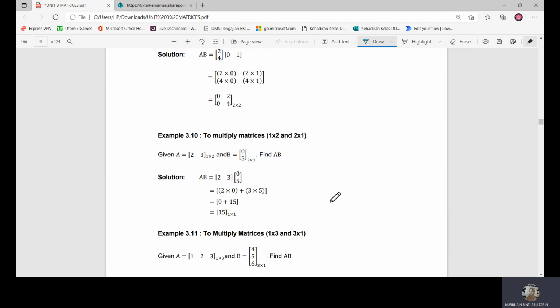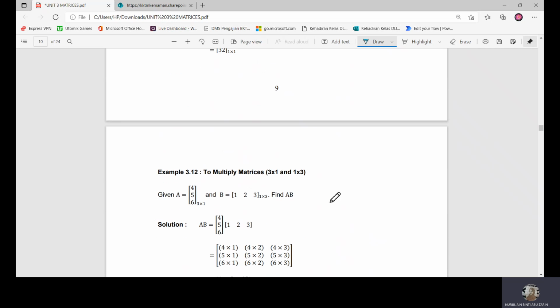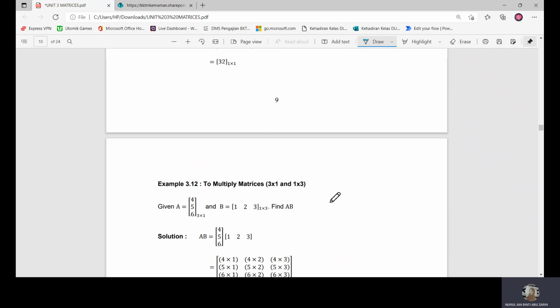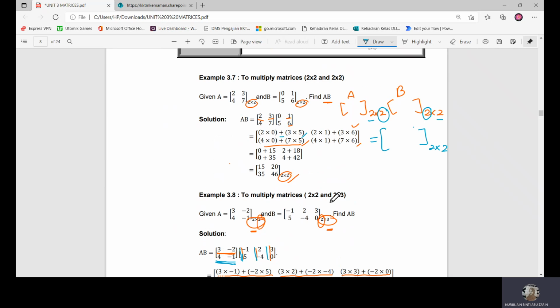We have a few more examples given here, but basically they are the same as the explanation I mentioned earlier.